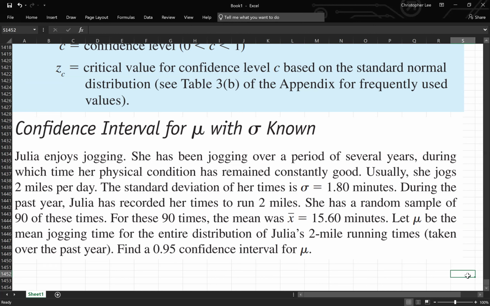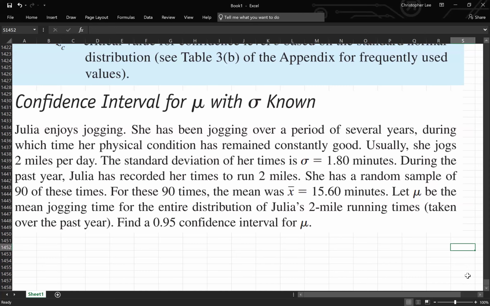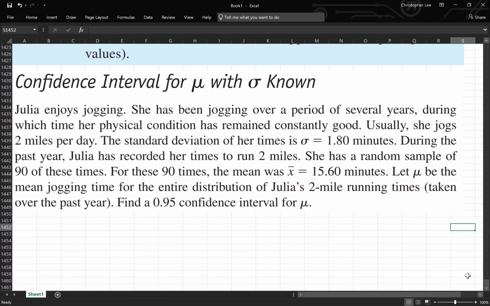For these 90 times, the mean was X bar equal to 15.60 minutes. Let mu be the mean jogging time for the entire distribution of Julia's 2-mile running times taken over the past year. Find a 0.95 confidence interval for mu. So I want to find a confidence interval for mu using a confidence level of 0.95. Let's take a look at how to do that.